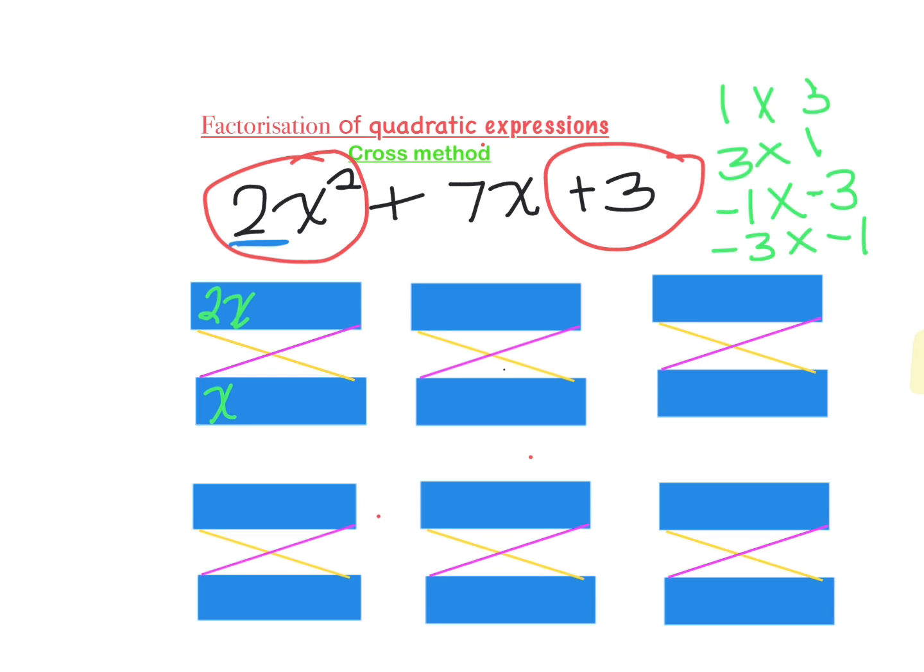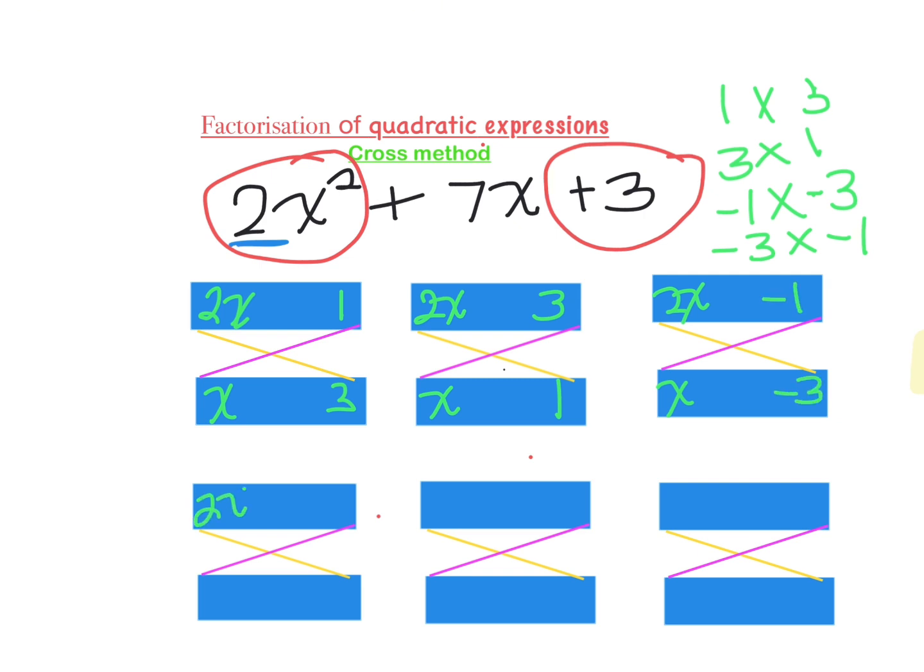Okay, so we put them into our cross diagram, if you will. So we have 2x and x, and then on the other side we'll have a 1 and a 3. Again, we repeat the same thing. We have 2x, we have x, we have now 3 and 1, 2x and x. Now we can have -1, -3.